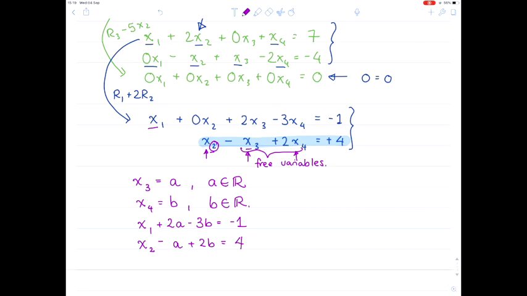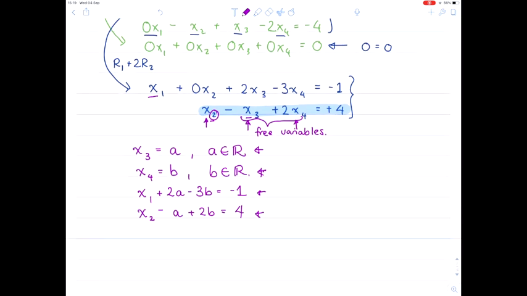So notice what happens. We can pick any value for a and any value for b, and that will dictate to us the value of x1 and the value of x2. So this is a case where we have infinitely many solutions, because for any pair of numbers we choose for a and b, we get a different solution for x1 and x2.